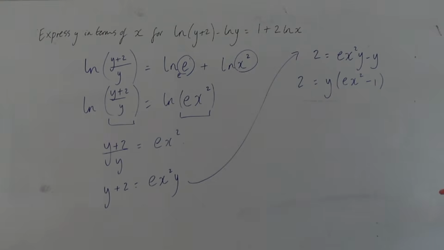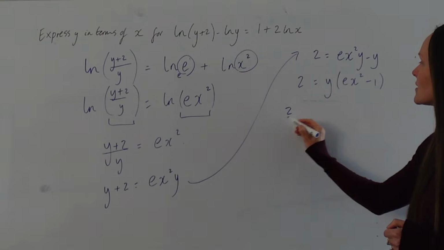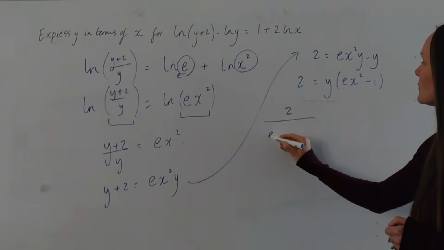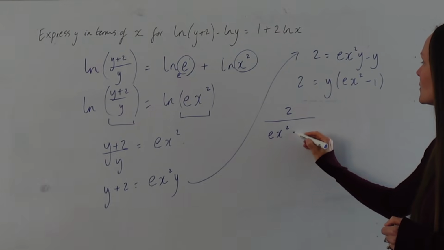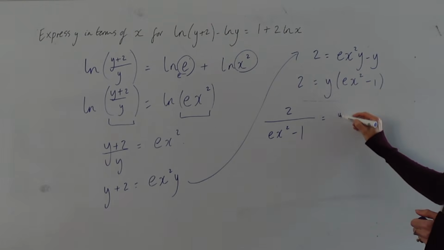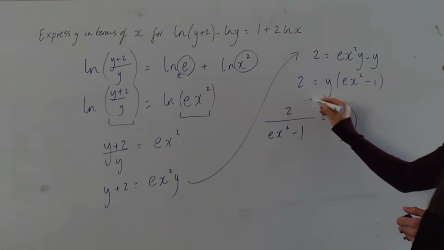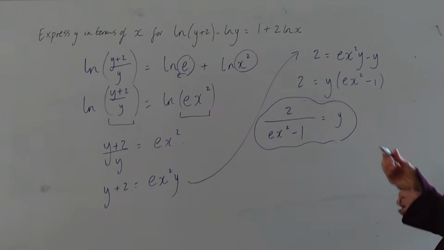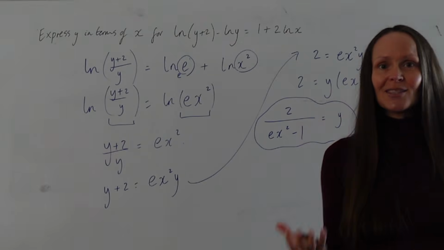So we need to divide everything by what's inside these brackets. So on the left-hand side, we have 2 divided by ex squared minus 1. And on the right-hand side, when we divide this by itself, we're left with 1, so we have 1y. Okay, so we've made y the subject, which means we've expressed y in terms of x.